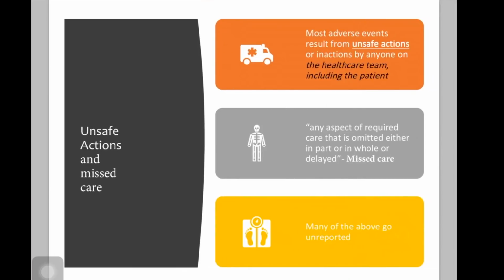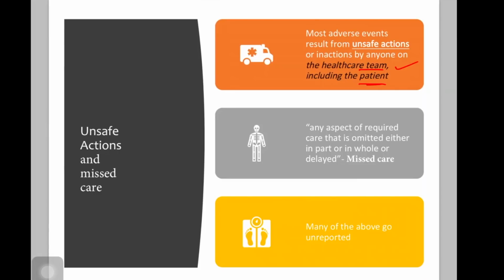Now, how do we define unsafe action and missed care in healthcare? Unsafe actions are any adverse events that could happen from any person involved in the healthcare process. For example, unsafe action that could harm a person could result from healthcare team negligence, could be a doctor's misdiagnosis or overdiagnosis, and could be the patient itself.